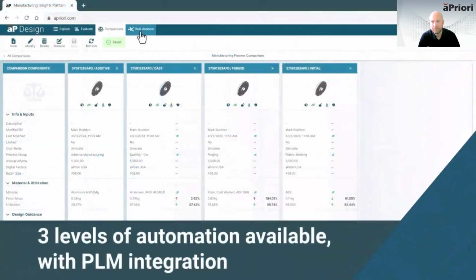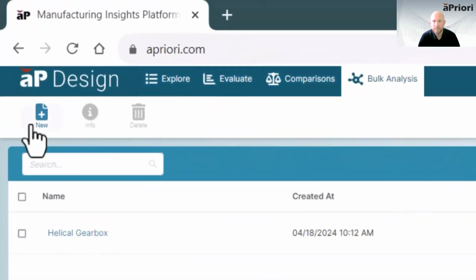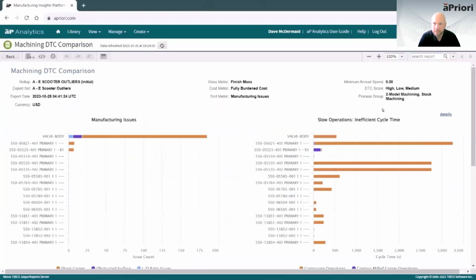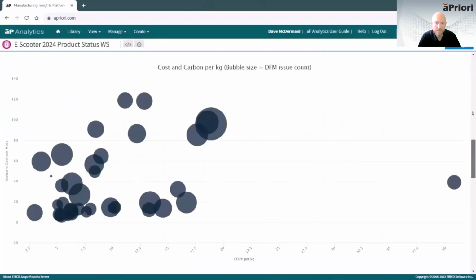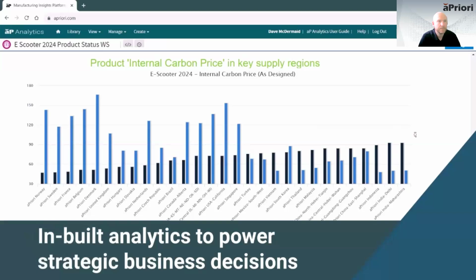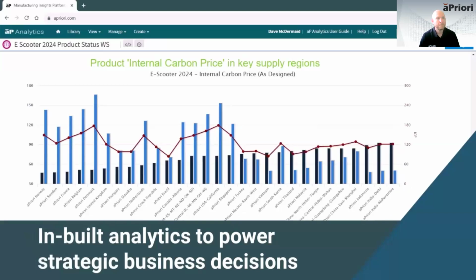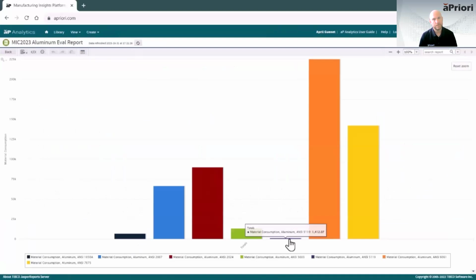We can then take this to the next level of automation by leveraging a priori's bulk analysis and upload a complete project of 3D CAD assemblies. Or go fully automated and integrate manufacturing insights into your PLM system. Everything evaluated on the Manufacturing Insights platform can be viewed from a much higher level too. Using the inbuilt analytics, we can build dashboards and reports to help us identify opportunities for innovation, applying precious resources on the most impactful areas, reducing risks and focusing efforts.